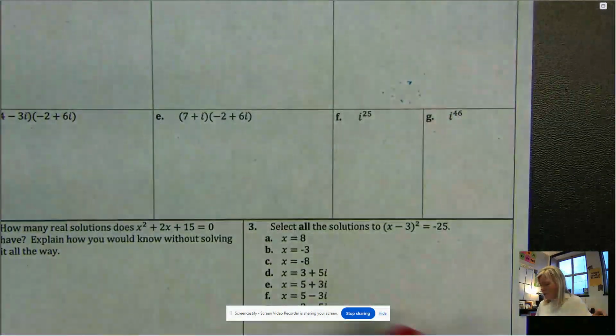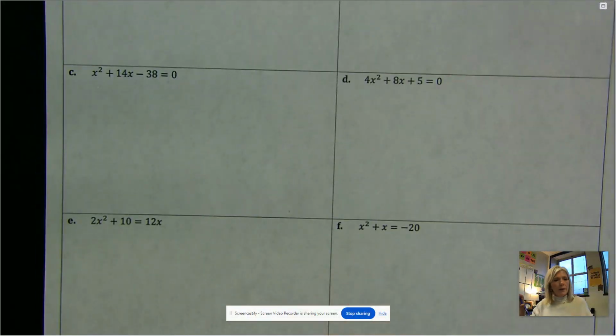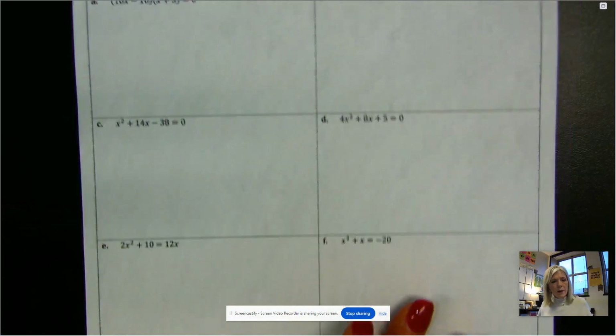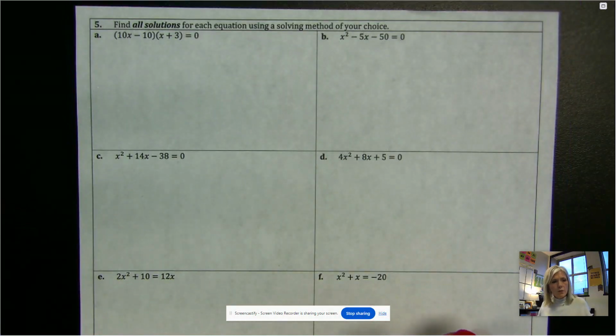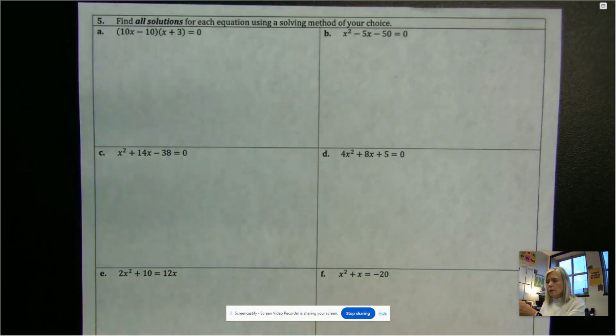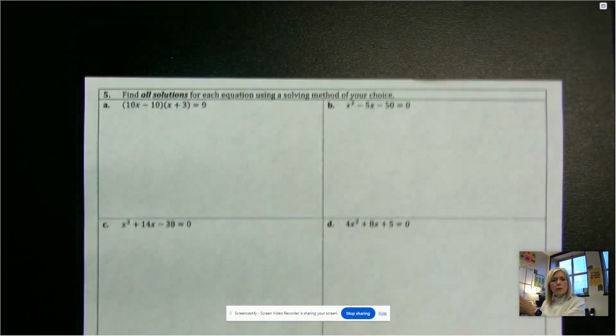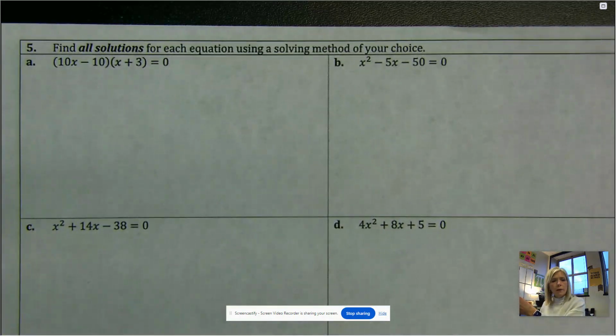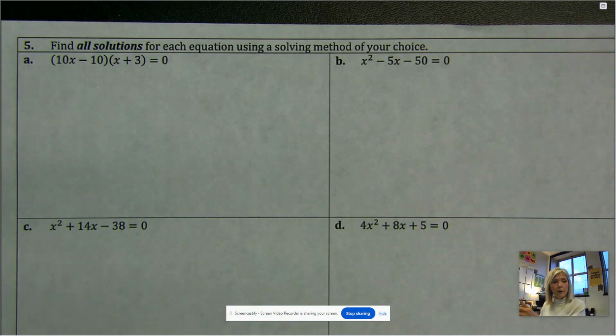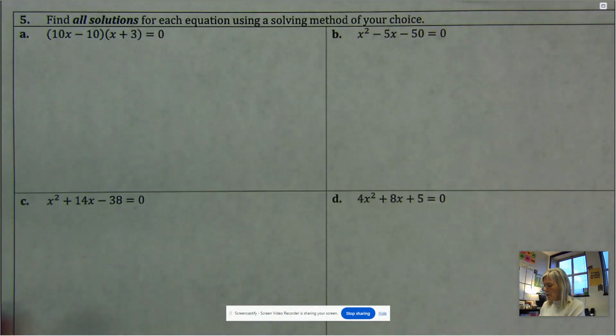All right, so we've got some equations to solve on the back side. There they are. And you can decide if you want to use the quadratic formula or completing the square. Now, this first one looks a little bit different. We talked about this at the beginning of the unit.